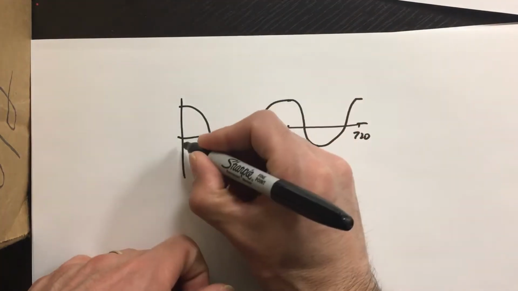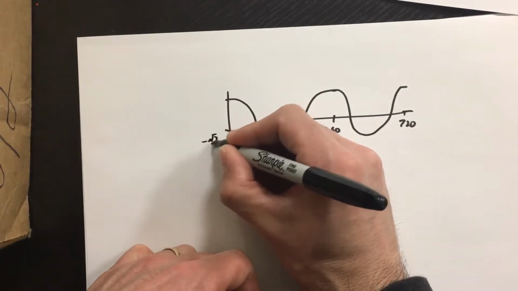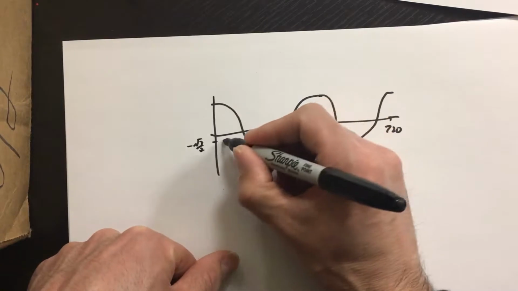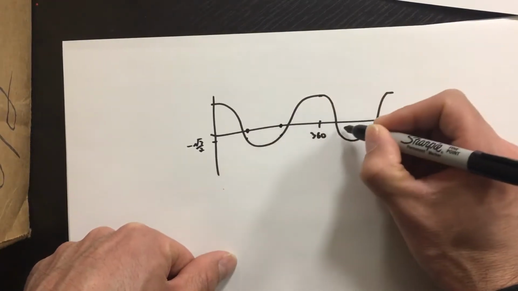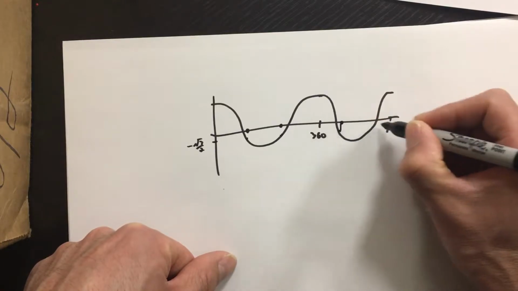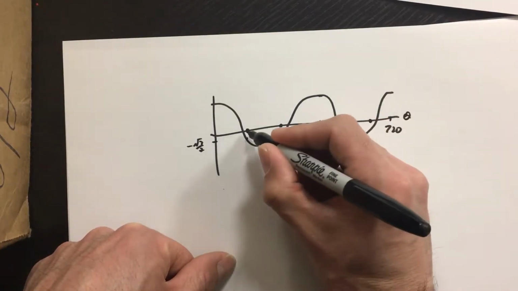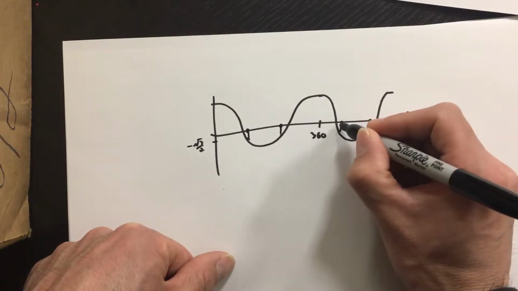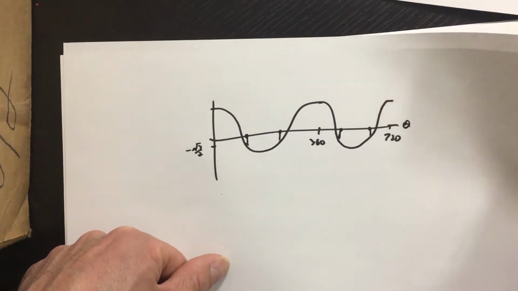So somewhere down here at negative root 3 over 2, there are 1, 2, 3, 4 values of theta that give us that cosine value. And we're going to find all of those values using a special triangle.